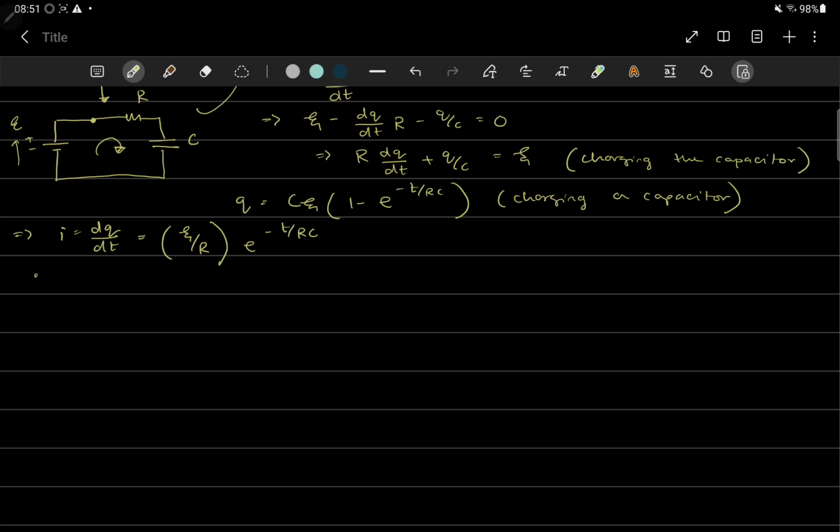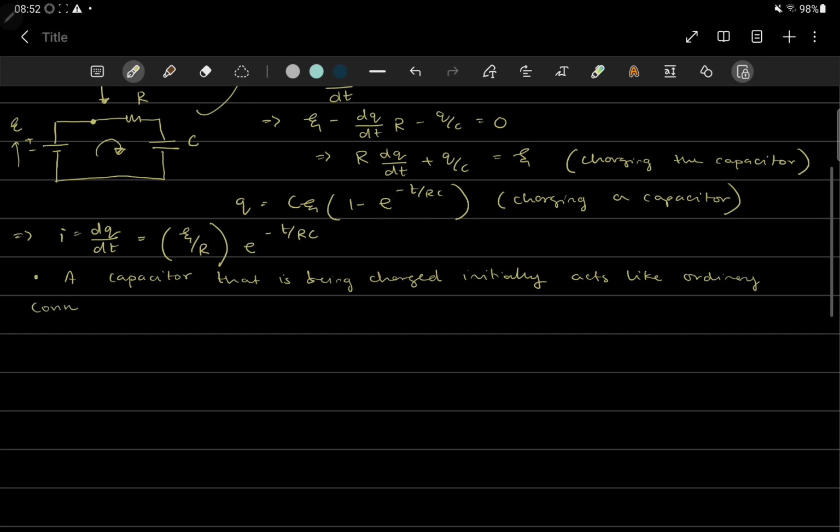Now a couple of things I can note from these expressions is that a capacitor that is being charged initially acts like an ordinary connecting wire relative to the changing current.